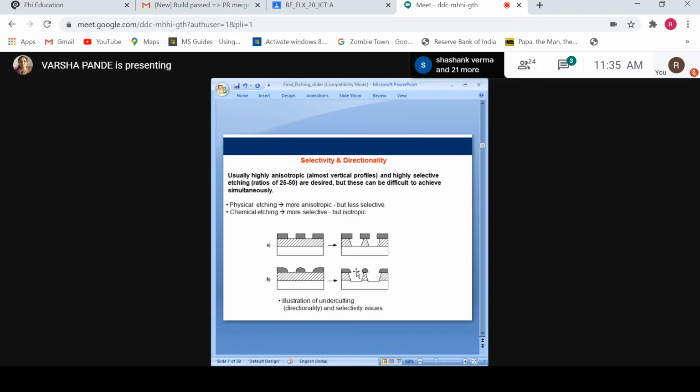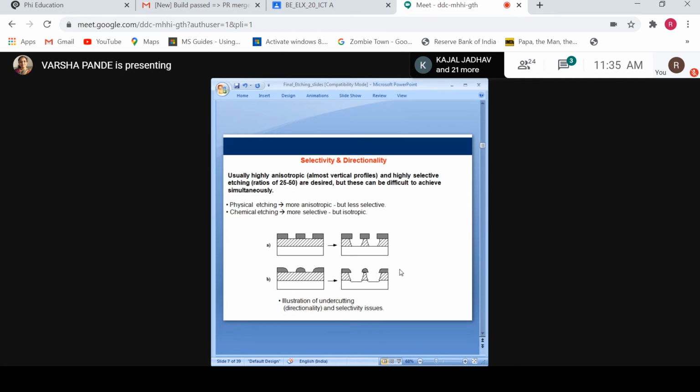Did you understand what directionality is and what selectivity is? Directionality means anisotropy, and selectivity means only the targeted material should be removed, other material should not be removed.